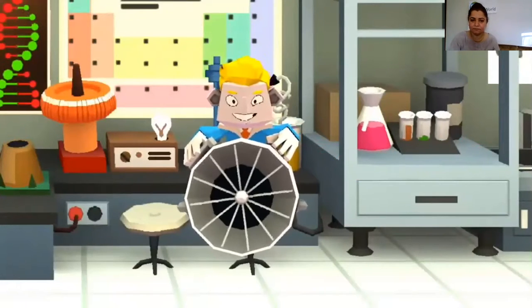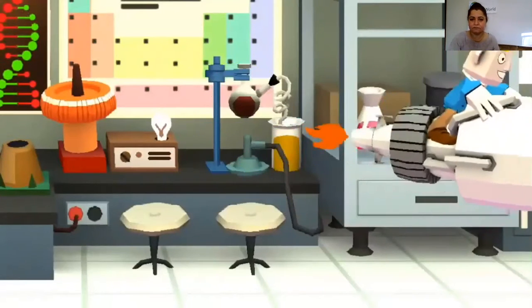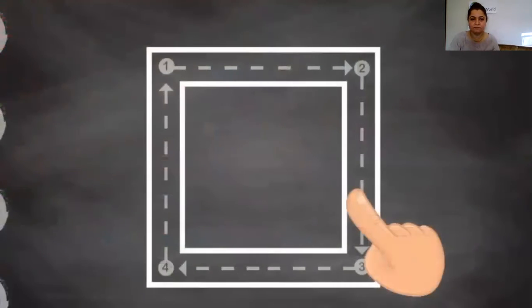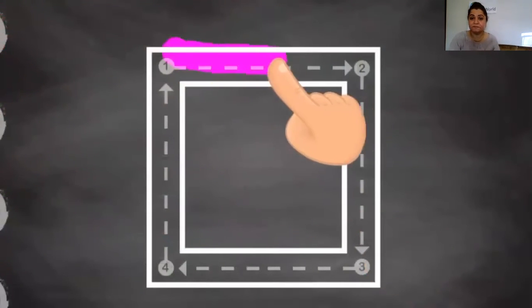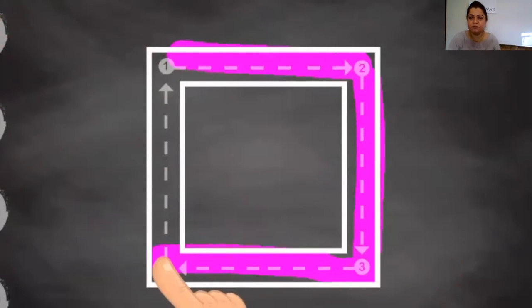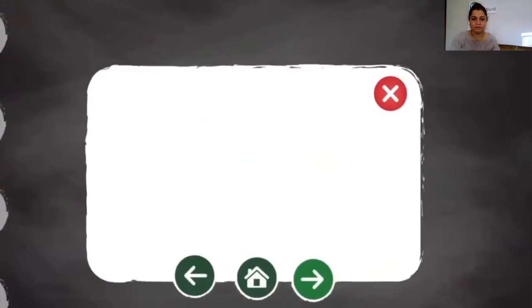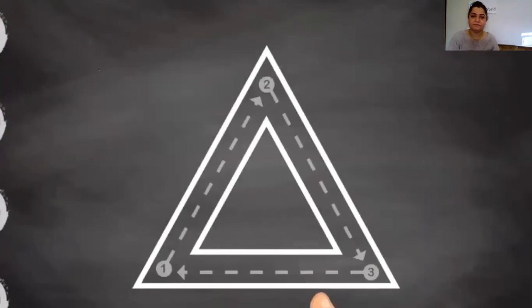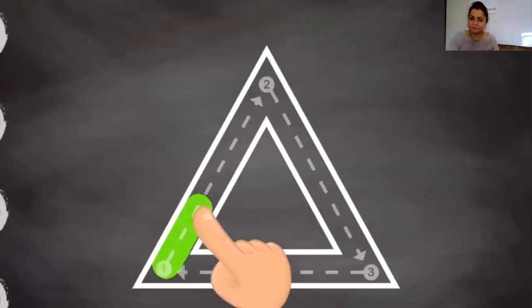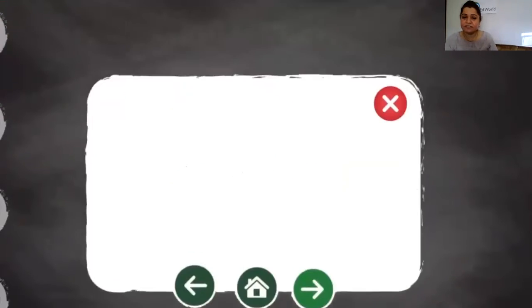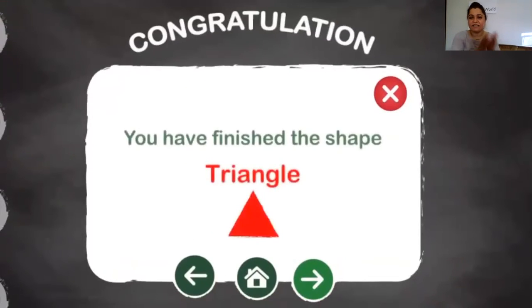Enjoy. Square. 1, 2, 3, 4 sides. That's it. Square. 1, 2, 3 sides. What's that, a 3-sided shape? Triangle. Yeah.